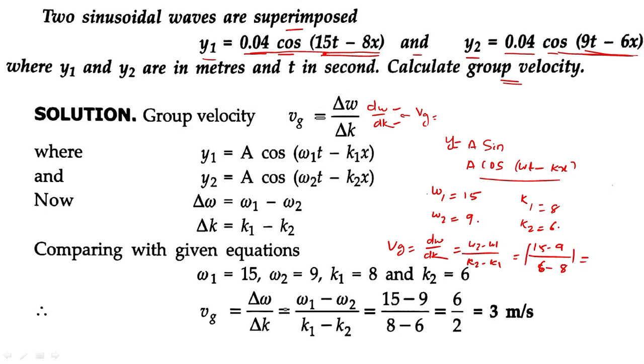So 15 minus 9 by 8 minus 6, that is 6 by 2, which is equal to 3. All are in SI system, so that will be 3 meter per second. That is the formula for group velocity.